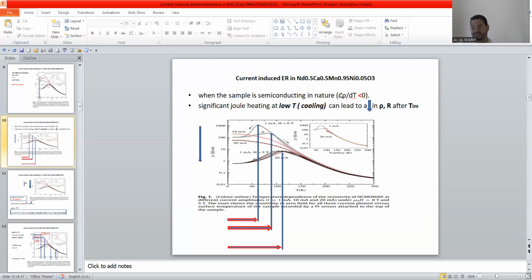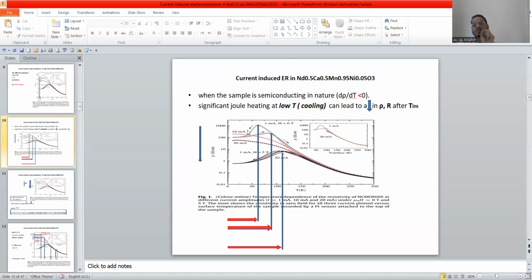That means a decrease in the resistance, because like I said before, resistivity equals R, resistance times square of current. After the insulating metallic temperature, let's take a look. Here we have at 0 Tesla 3 different amounts of currents, like I said before.